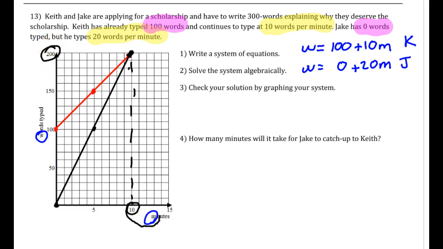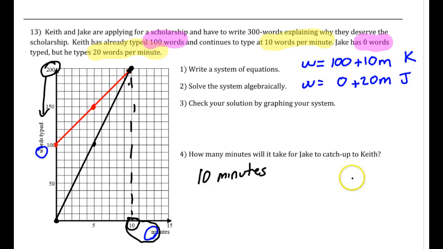So use the units they give you. So 10 minutes, right? 200 words typed. So how many minutes do they ask here? Okay, so it takes 10 minutes. And then I'll throw in the y value, 10 minutes to type 200 words.